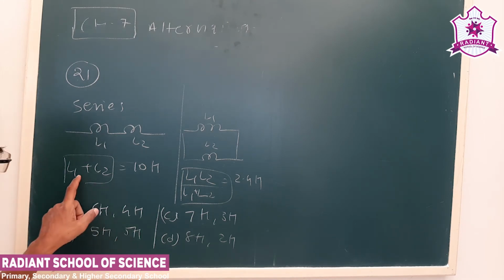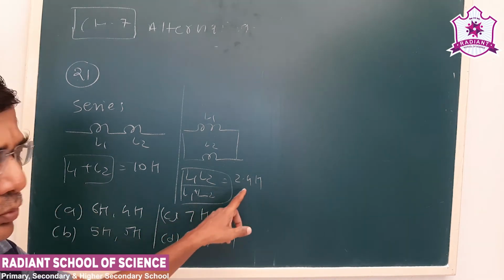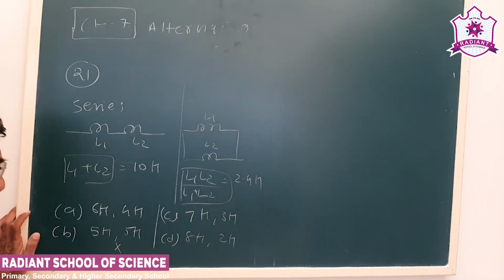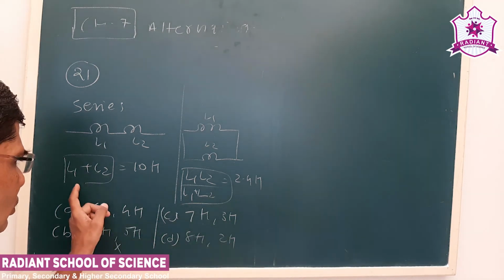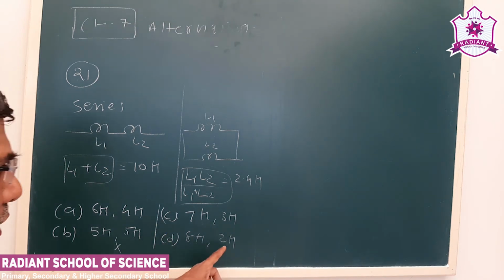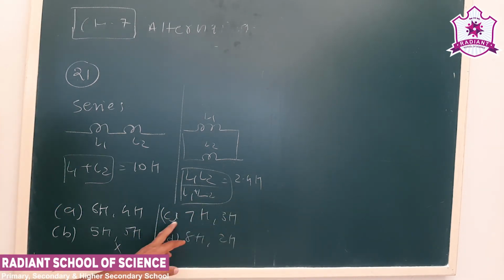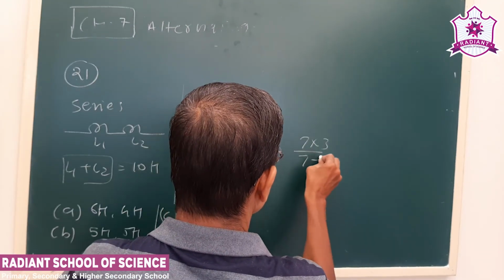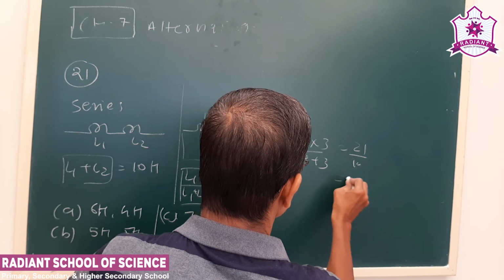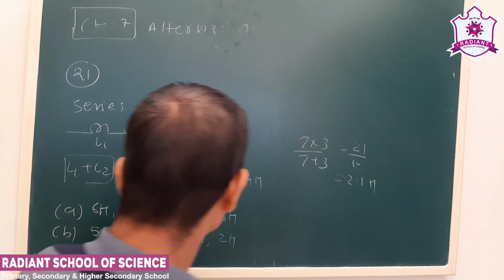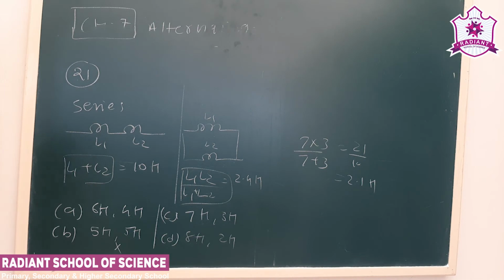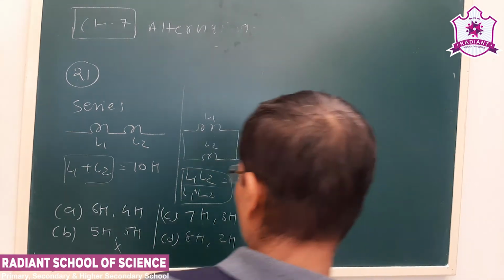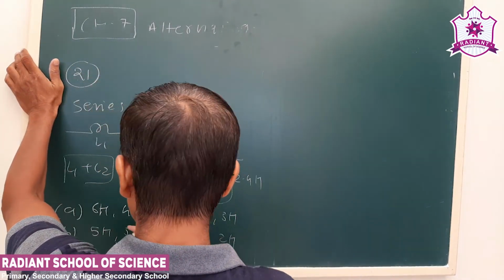Suppose 5 plus 5 makes 10, but 5 into 5 upon 10 is 2.5, so this will not be the answer. Same way here, 8 plus 2 will make 10, but 8 into 2 upon 10 is 1.6, that will not be possible. 7 plus 3 is 10, possible, but 7 into 3 upon 10 is also not the given answer. Now the only possibility is 6 and 4.